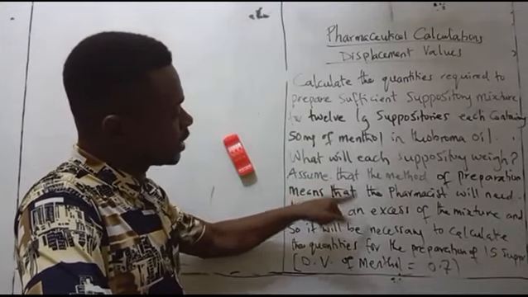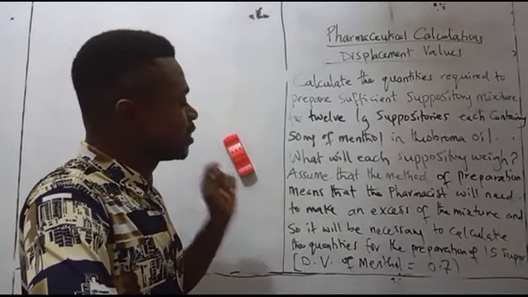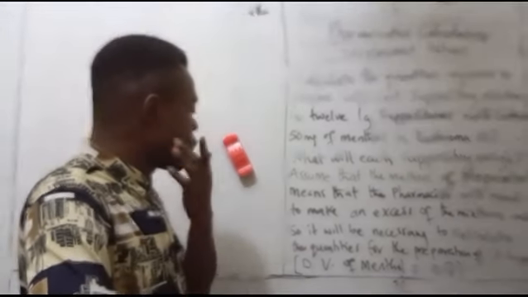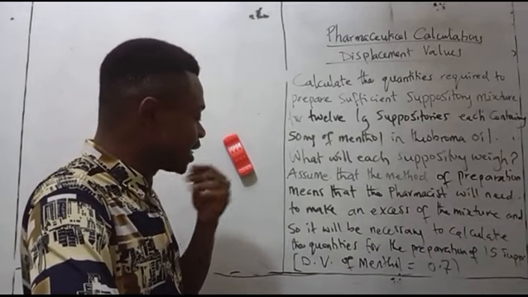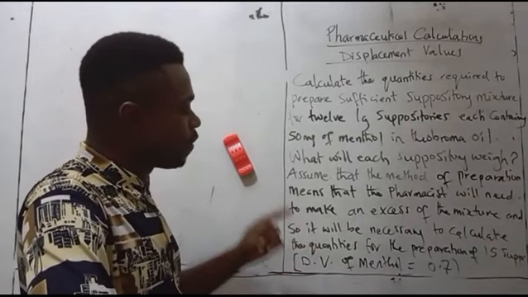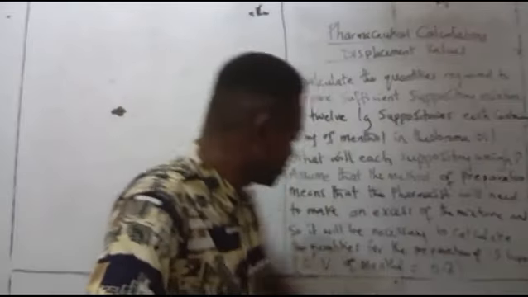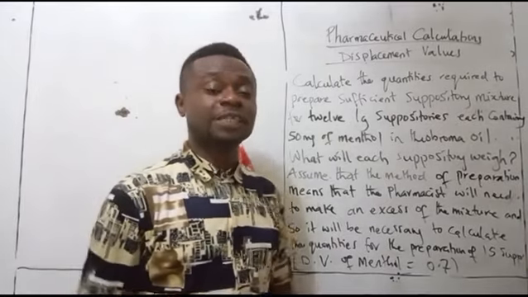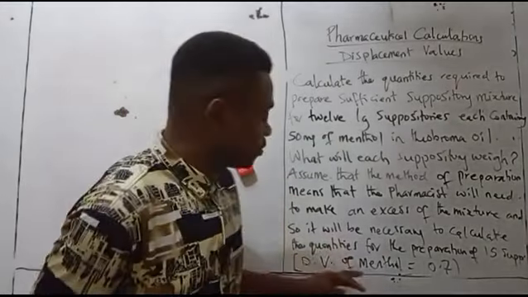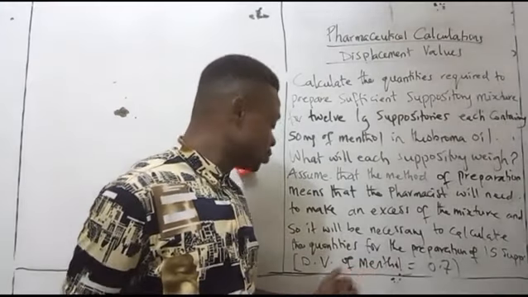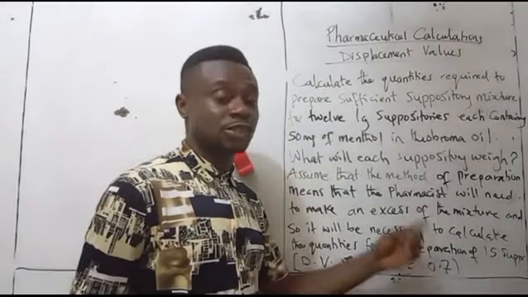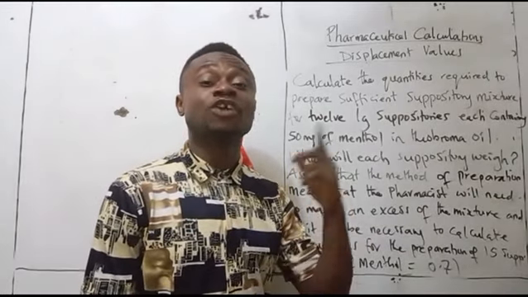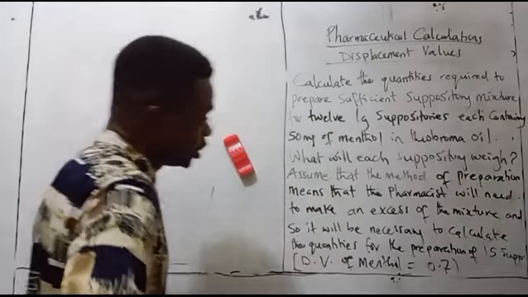Assume that the method of preparation means that the pharmacist will need to make an excess of the mixture, and so it will be necessary to calculate the quantities for the preparation of 15 suppositories. Displacement value of menthol is 0.7. As I said before, this is a case of an active ingredient whose DV is less than 1, 0.7. So let's check whether the weight of one suppository we produce will be less than the nominal weight.